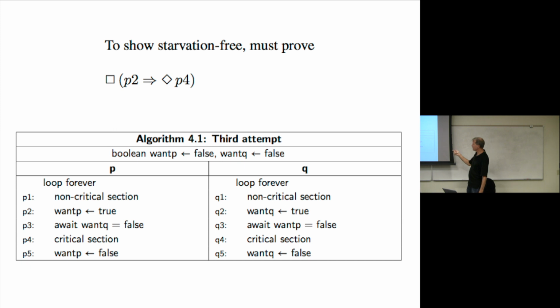And here's how we would formalize how to show starvation free. What must we prove to show that it's starvation free? Always what? P2 implies eventually P4. That always has to be the case. And if we can prove that, we've proven starvation free.